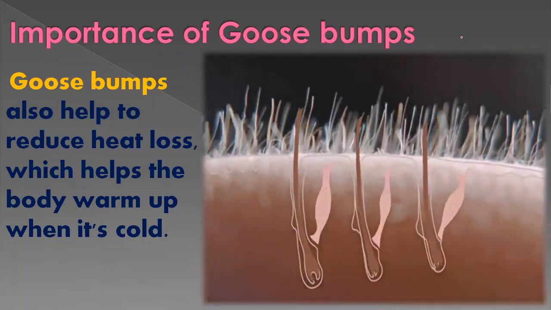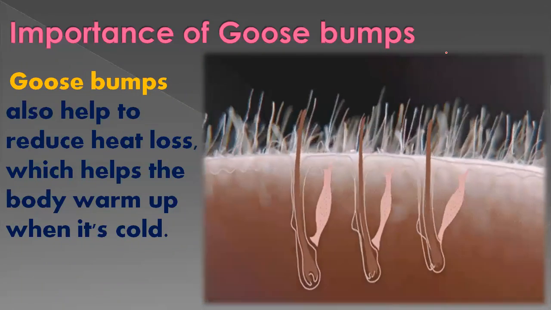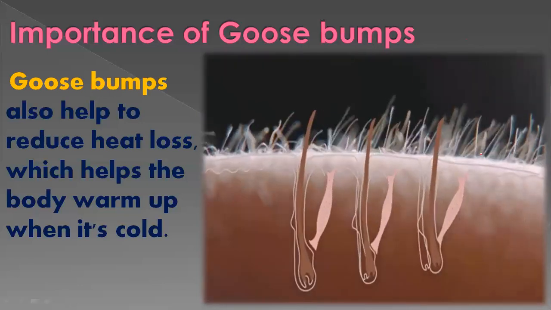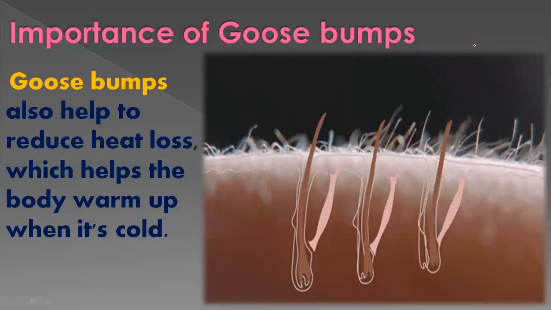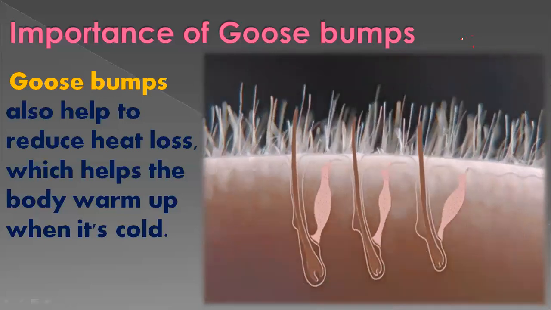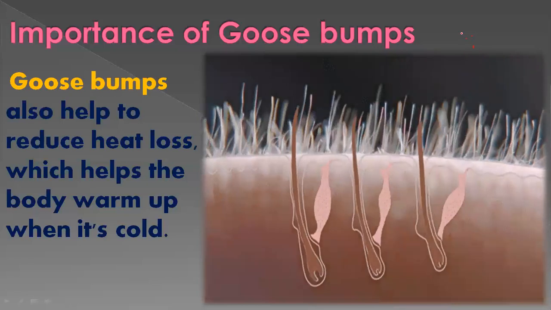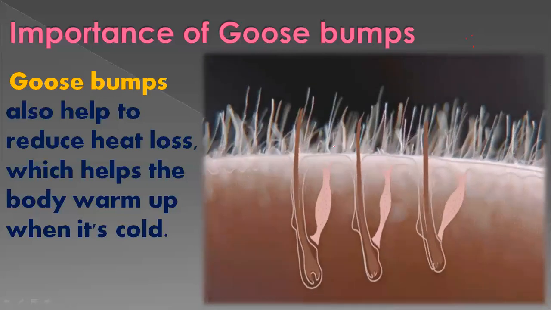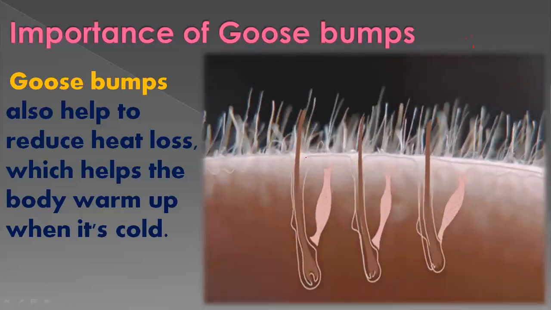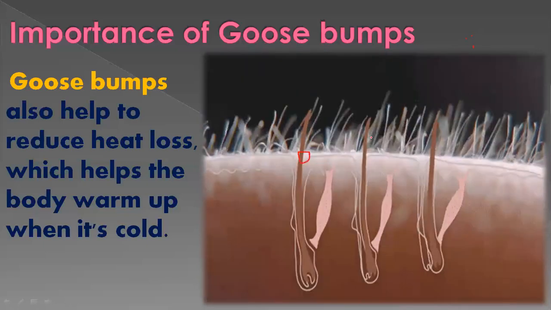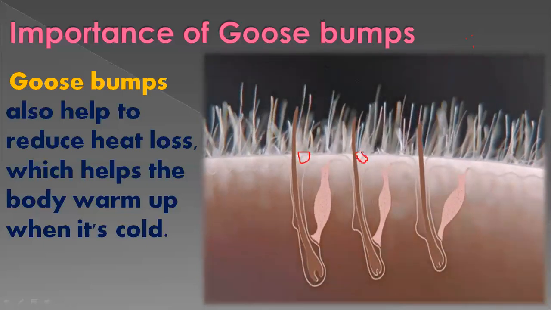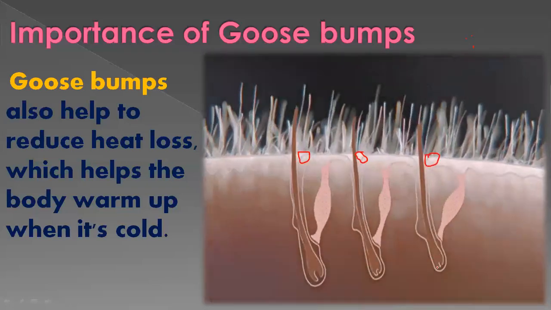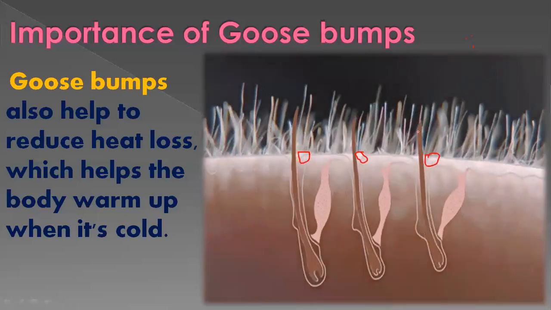When it is born, it does not have any feathers, so there are dotted-like structures on its body, and these act as bumps, and from them feathers originate. Like that in our body, when our hairs are raised, you can see here, the skin portion gets raised. These are called goosebumps, and they are due to the rise of these hairs.